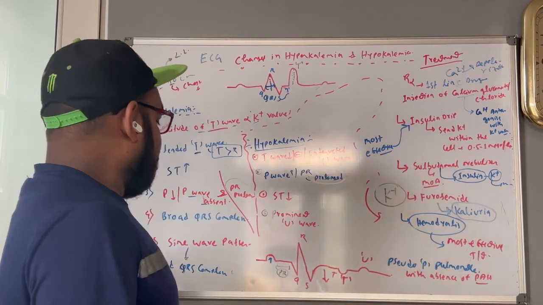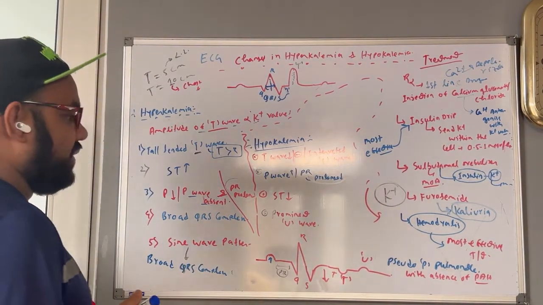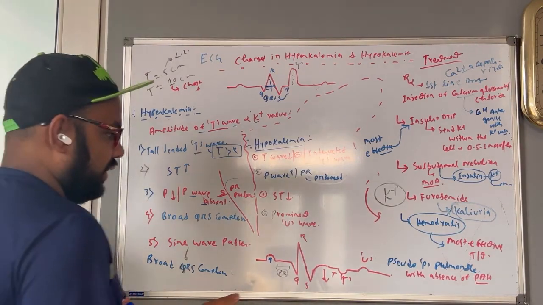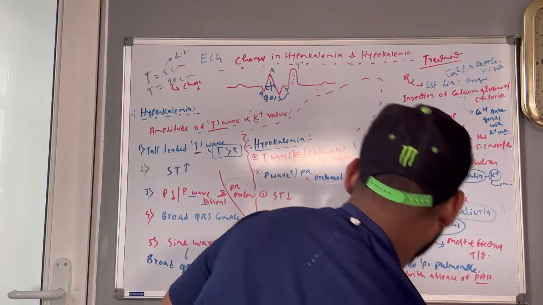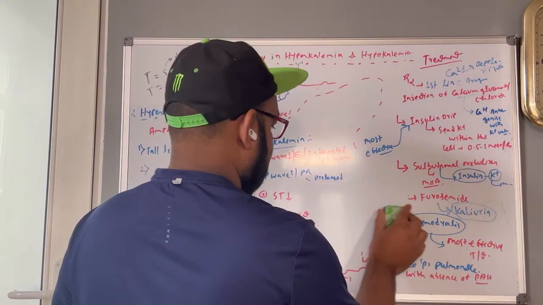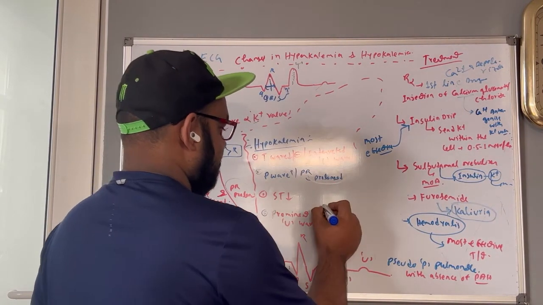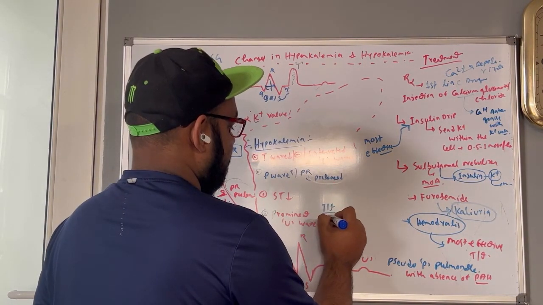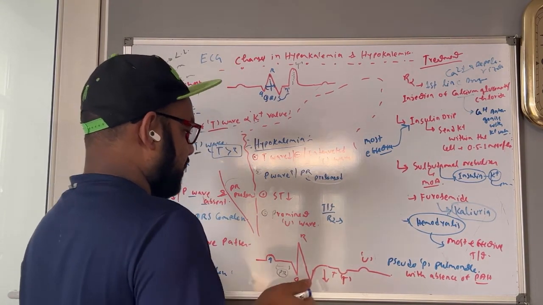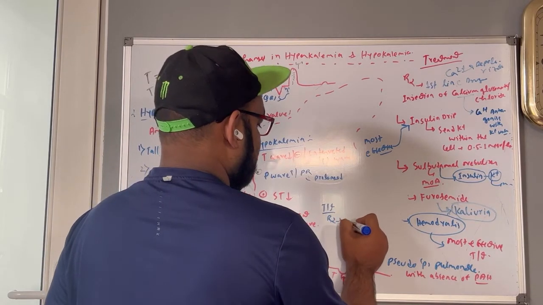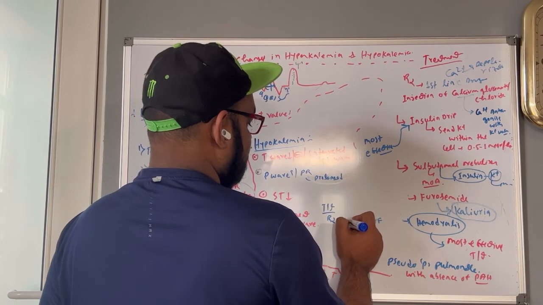Now let's go to the treatment. What treatment should we suggest for hypokalemic patients? As far as the treatment of a hypokalemic patient is concerned, we have to give supplementation of potassium chloride plus intravenous fluid, that should be diluted.